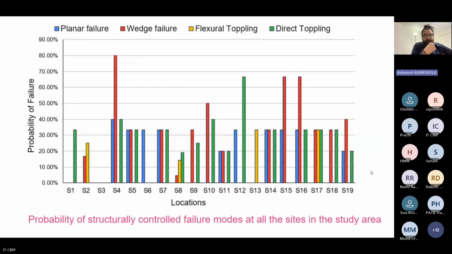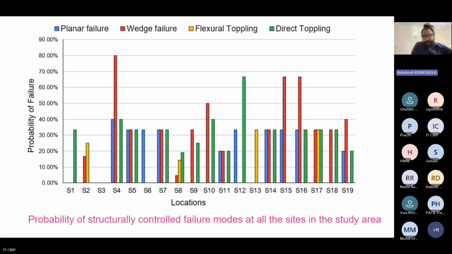So for all the 19 locations, you can see the most prominent failure pattern that was recorded as well as observed was wedge failure, which implies that intersecting joints were leading to creation of loose blocks.